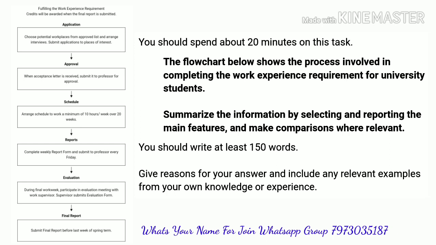Just remember, the more natural you write, the easier it will be for you to score a good band. Please remember, there are 4 things that can take you towards the band 9 score in writing. They are task achievement, coherence and cohesion, lexical resources, and grammatical range and accuracy.